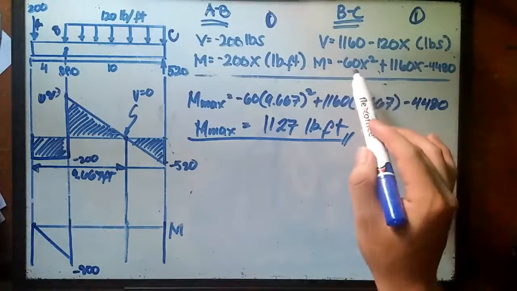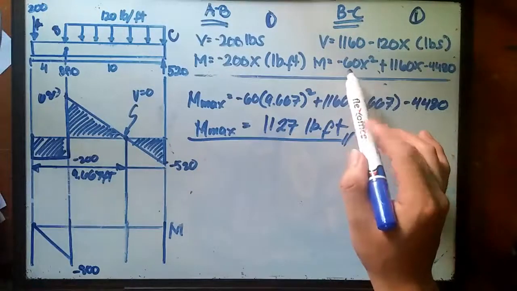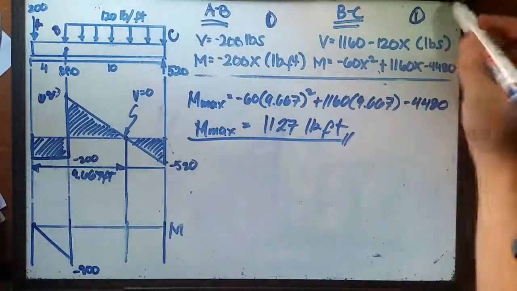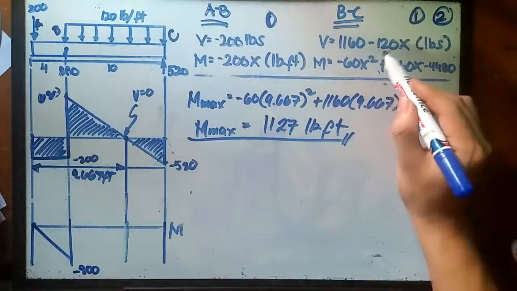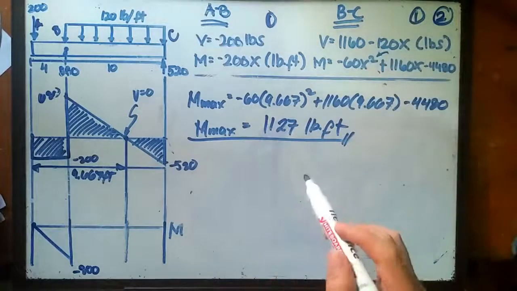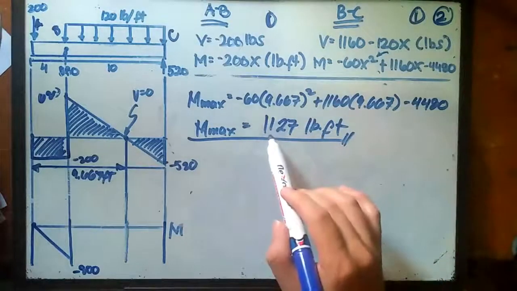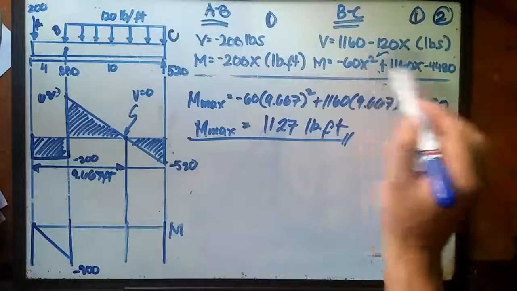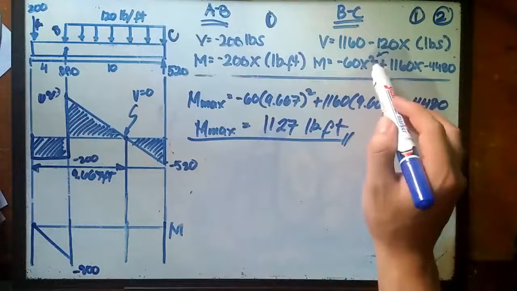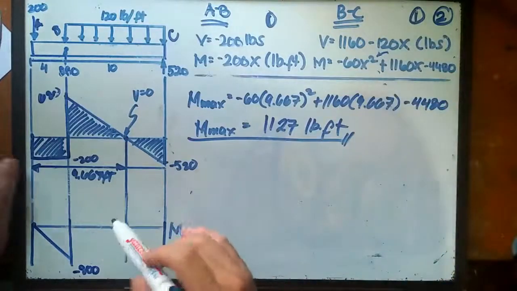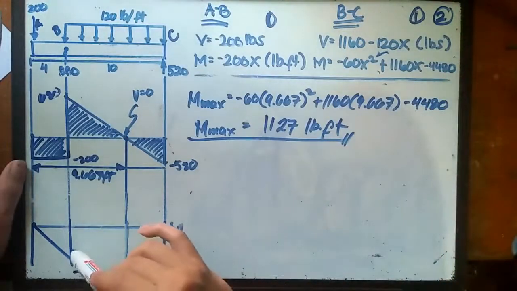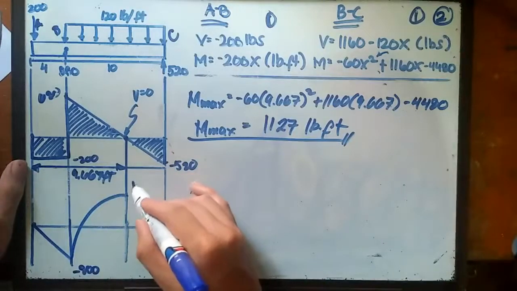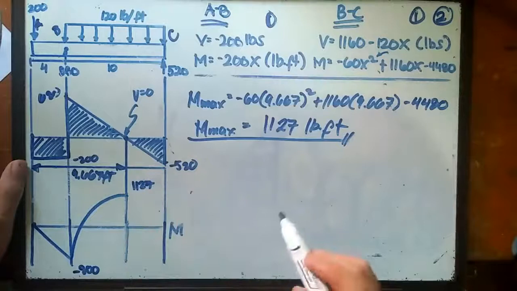Okay, so if that's the answer for the maximum bending moment, don't forget that if we recall on our formula for the bending moment, the degree of power of this formula is 2, because we have this squared. Means to say it's parabolic. We have this positive answer, 1127 pound-foot. If the degree of power of this equation is second, then this should be parabolic. Goes like this one. And this location is 1127 pound-foot.